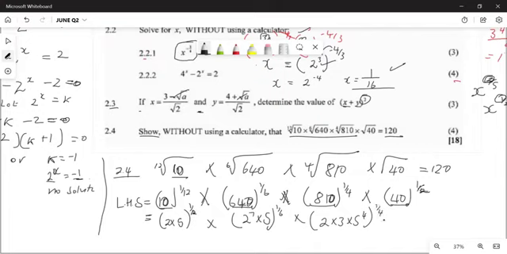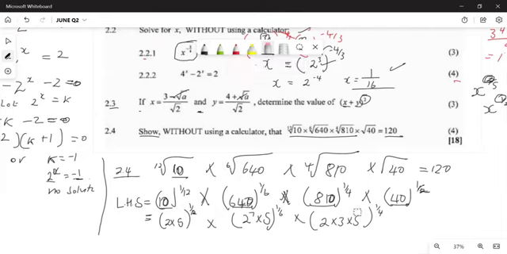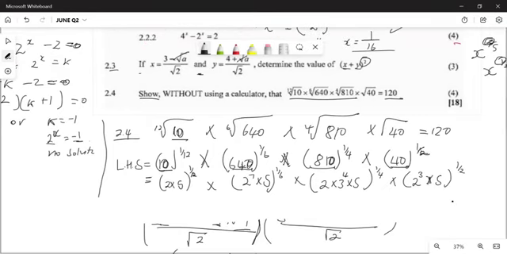Oh, here I'm wrong, it's 3 to the power of 4, times 5 to the power of 1. Multiplied by 40. What is 40? 2 to the power of 3 times 5, to the power of 1 over 2. Okay. What do you do next?